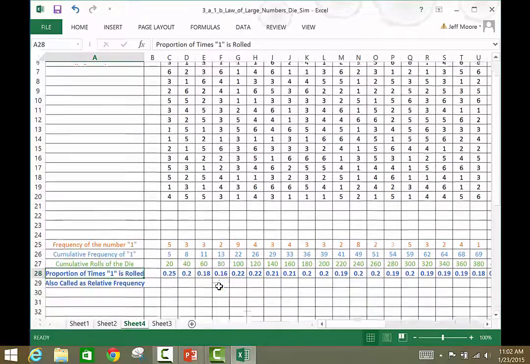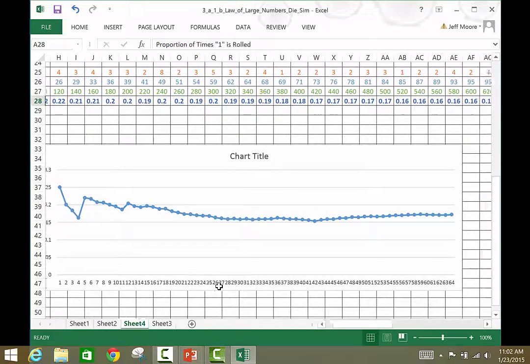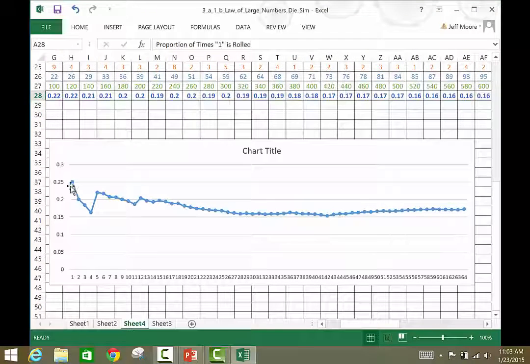So let's look at a graph now of this trend. This graph shows the relative frequency of the number 1 as we increase the number of times the experiment is conducted. Again, in that first column, we had 0.25 and then 0.2. And so we see what's happening here.